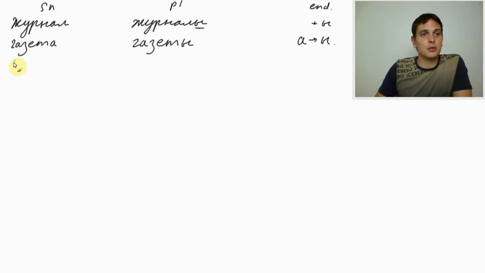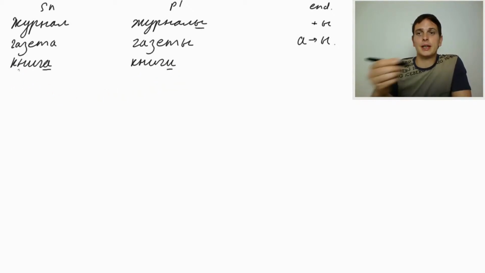Книга, we already know this word, it's book. Книга ends in A. And the plural would be книги. Книги ends in И. Now, ручка. Ручка is pen.